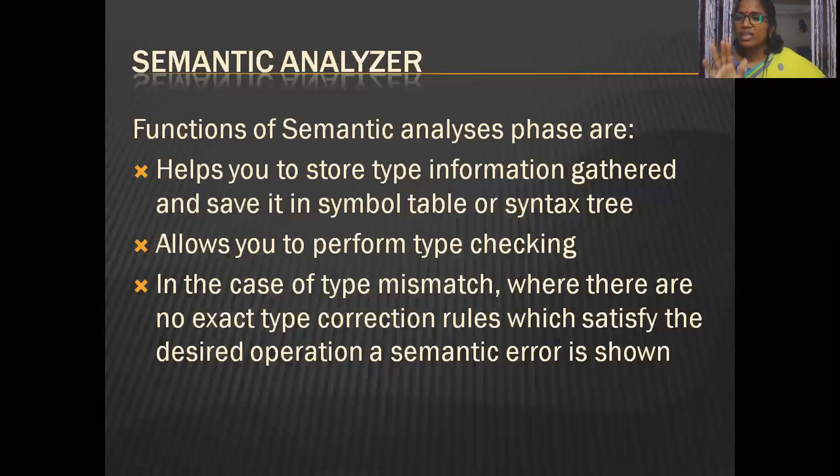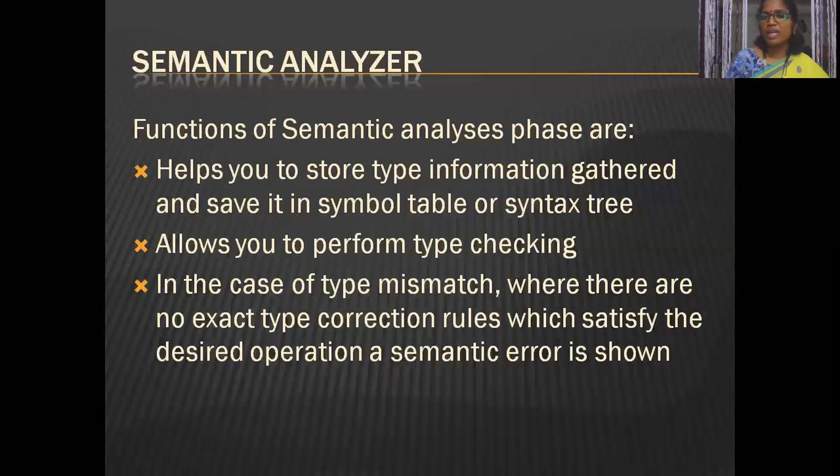Because your A is integer, it cannot hold float values. So in this phase of the compilation, it checks for the semantic errors, that means if there are any logical errors.